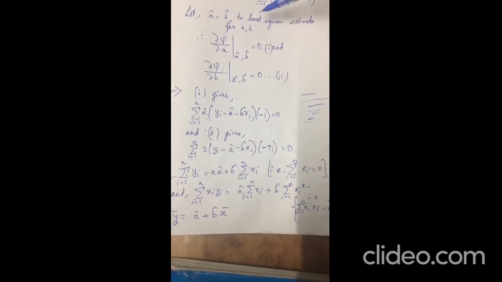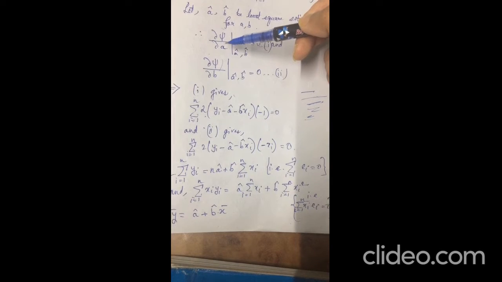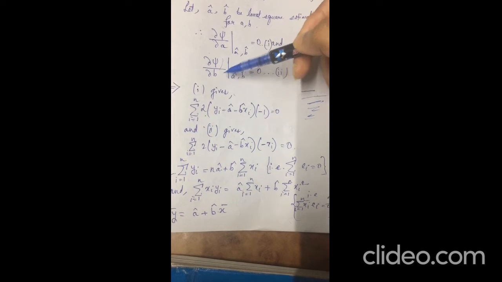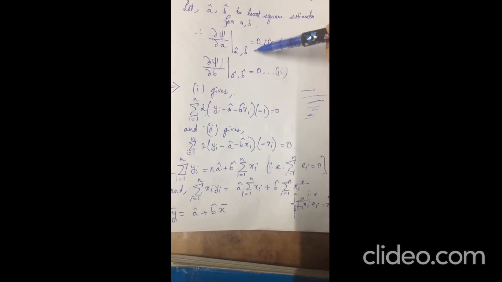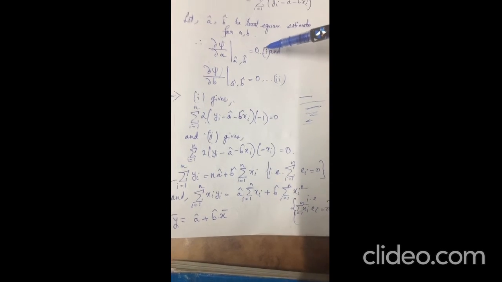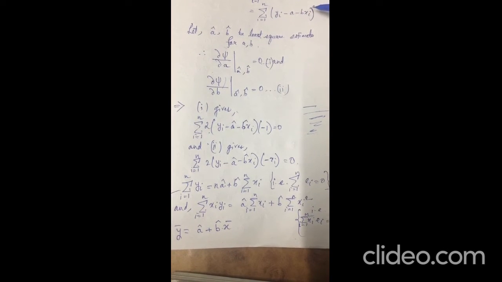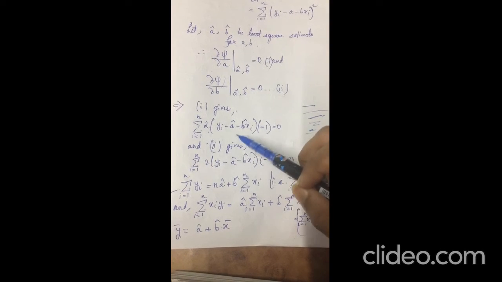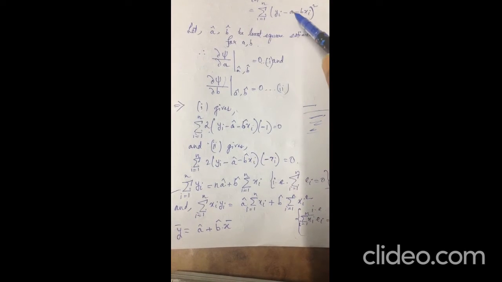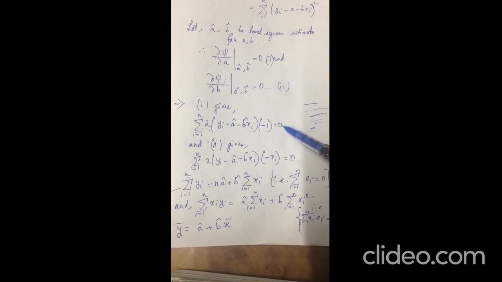Now we take the least square estimates. We take the partial derivative of the function psi with respect to a and with respect to b at the points a cap, b cap and equate them to 0. On taking the partial derivative with respect to a, we get 2 times this function (yi minus a minus b xi), and since a gets differentiated, we are left with a minus 1, and that gets equated to 0.